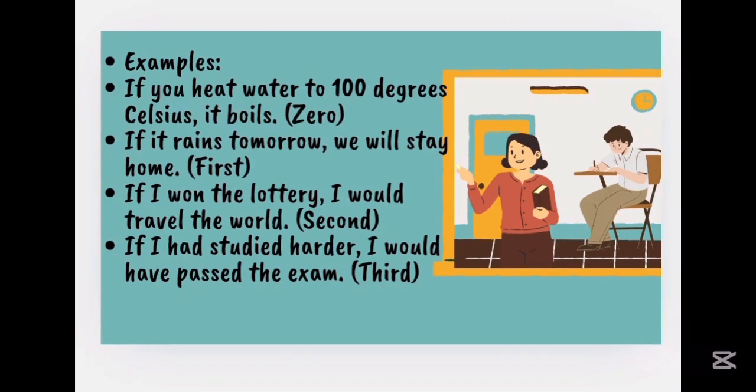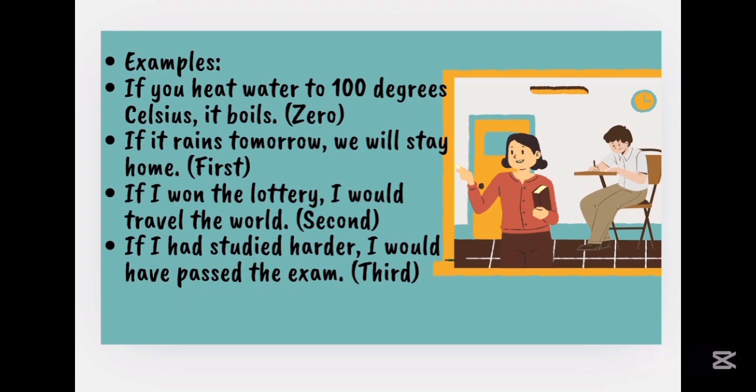Examples with zero conditional: if you heat water to 100 degrees Celsius, it boils. The first conditional: if it rains tomorrow, we will stay at home. And there's a real possibility of rain.